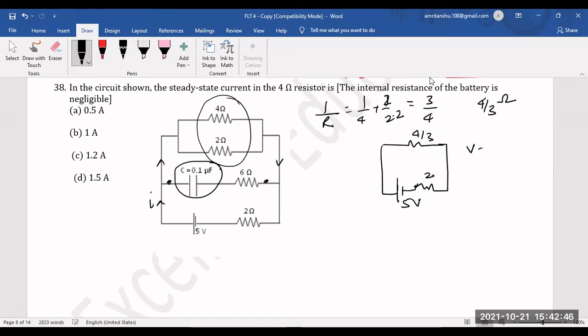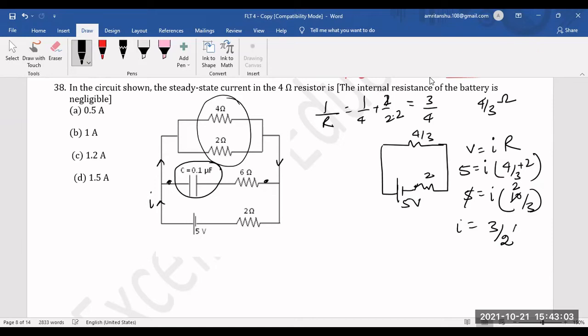So we know V is equal to I into R. V is 5, I into 4 by 3 plus 2. This happens to be I into 10 by 3. So I happens to be 3 by 2 amperes.